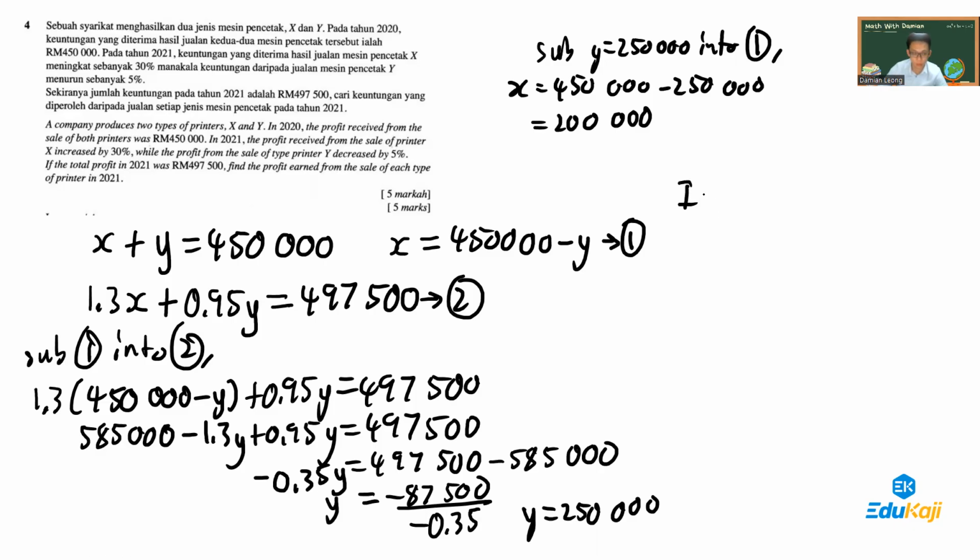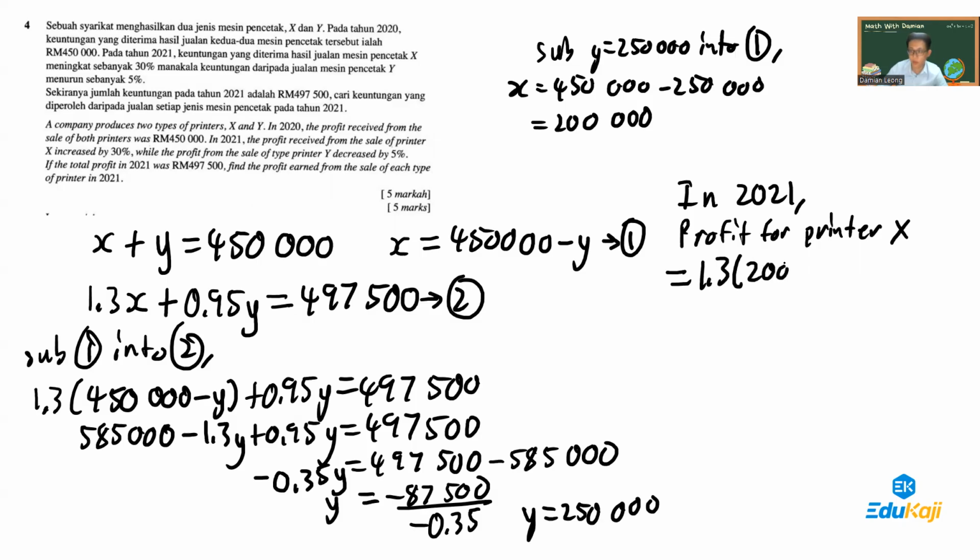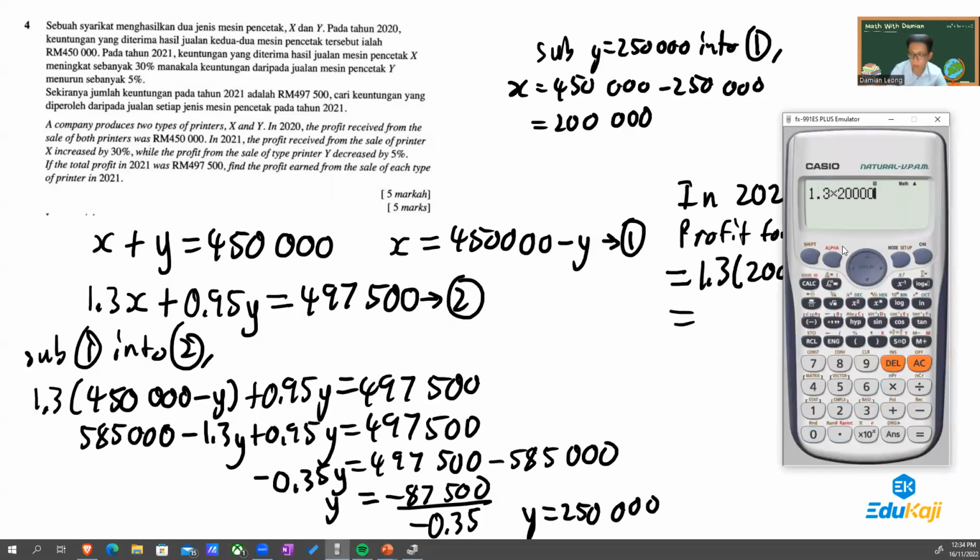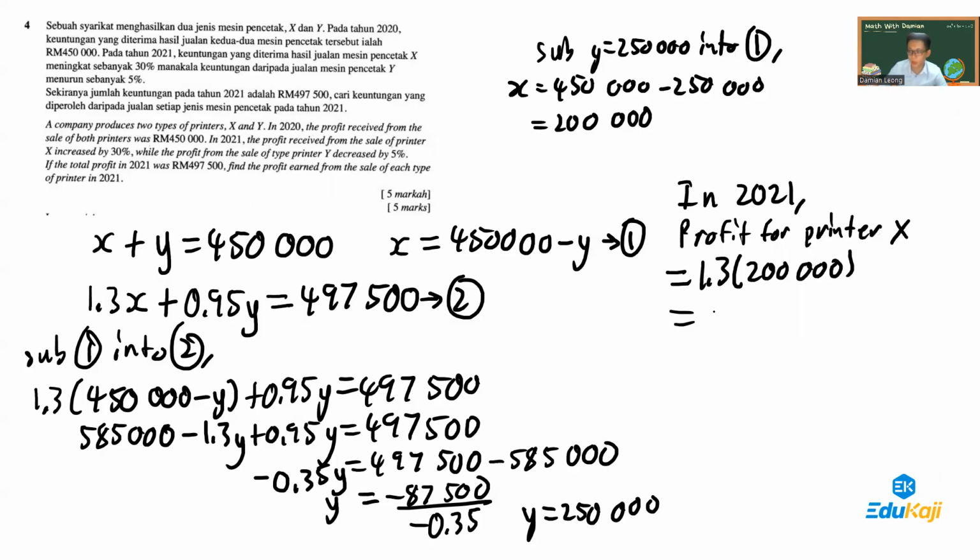So in 2021, profit for printer X will be 1.3 times of the 200,000. $260,000. So RM 260,000 ringgit. Okay.